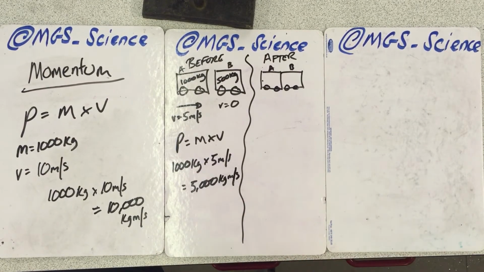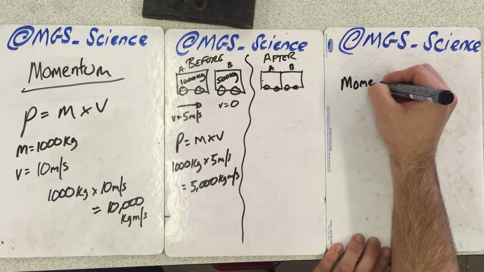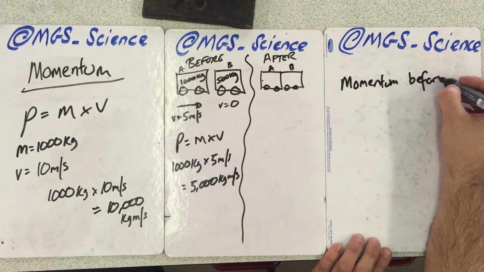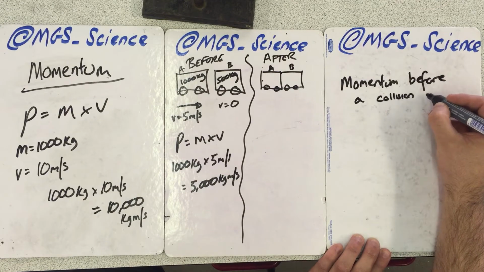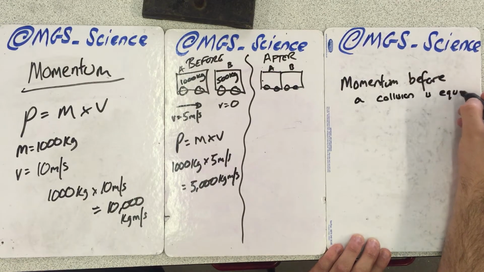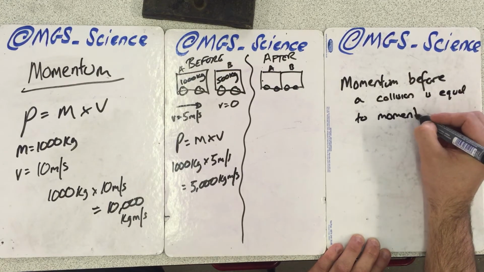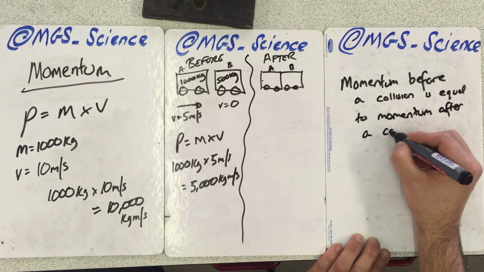Now, because of conservation of momentum, and I'll write this here, momentum before a collision is equal to momentum after a collision.